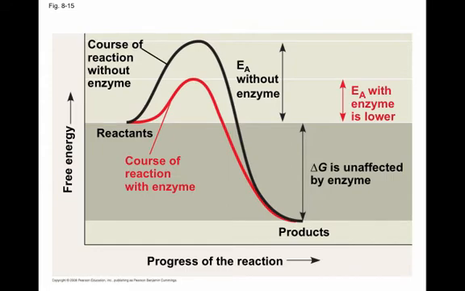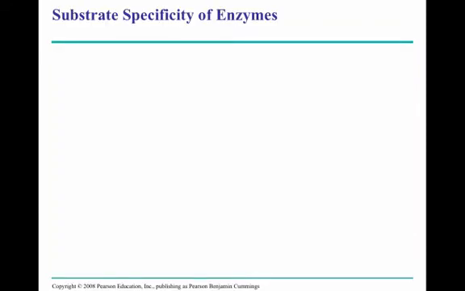The free energy of an enzyme-catalyzed versus an enzyme-uncatalyzed reaction stays the same. You do not change the free energy. What does change, though, is the activation energy, and you can see that difference in the light part of the graph. Activation energy without and activation energy with is obviously much lower.